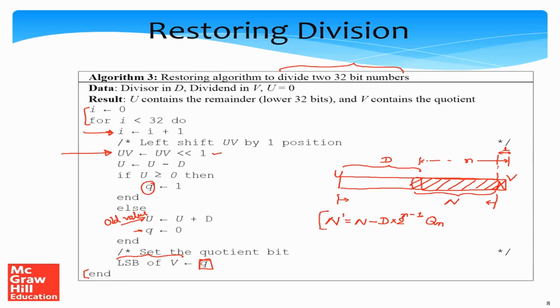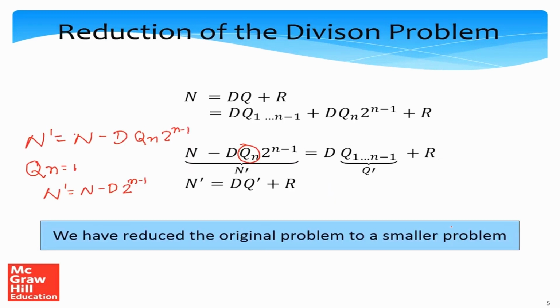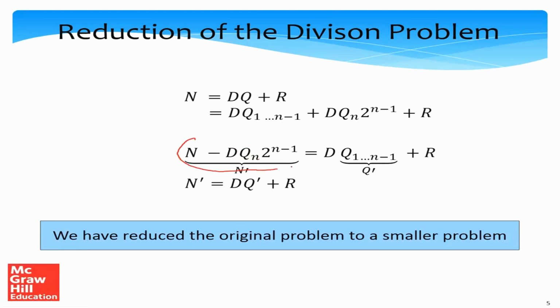Well, does this particular equation look familiar? It definitely should, because this equation is exactly this equation over here. So maybe a good idea to clean the slide. This is exactly this equation, right? This is the same term. N dash is n minus divisor times 2 raised to power n minus 1 times Qn.